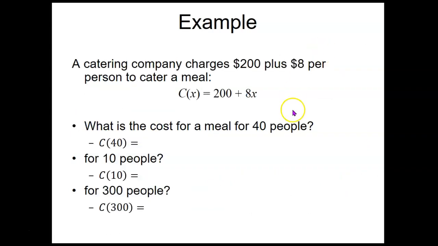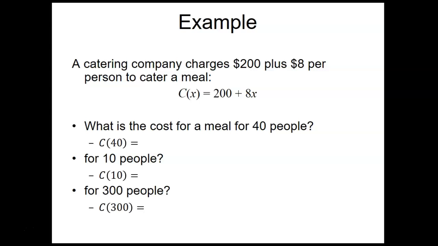Now let's look at an example of function notation. In this example, a catering company charges $200 plus $8 per person to cater a meal. So if you want them to come and cater your meal, your dinner or whatever it is, and you want to know how much they're going to charge you for that, it's going to be $200 plus $8 per person.